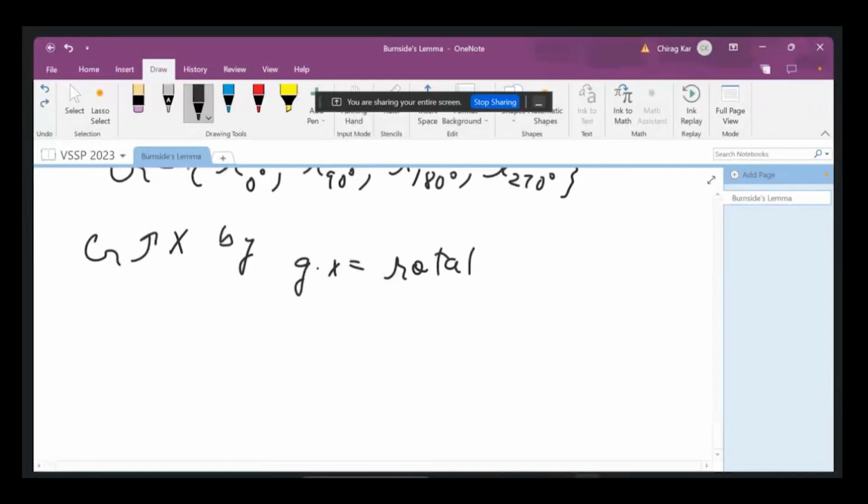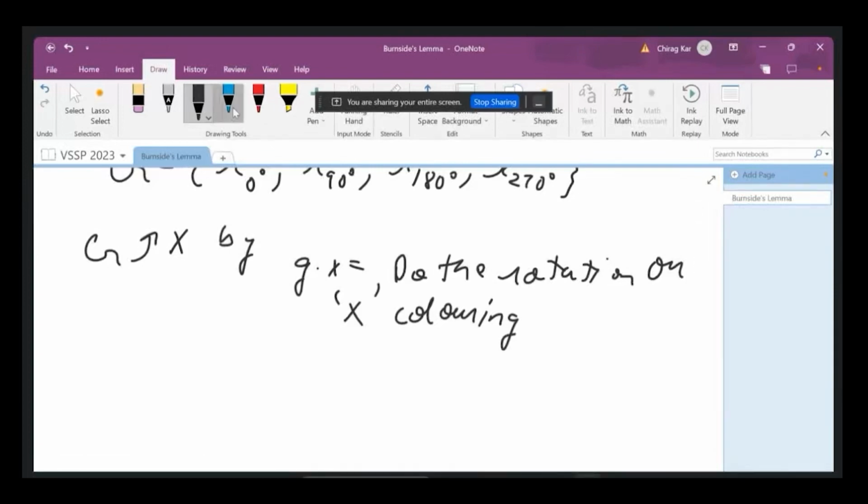That we act, that we basically do the rotation on the X coloring.